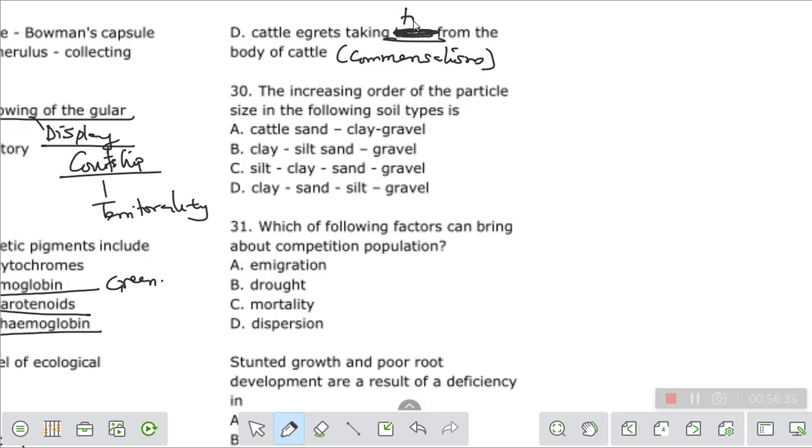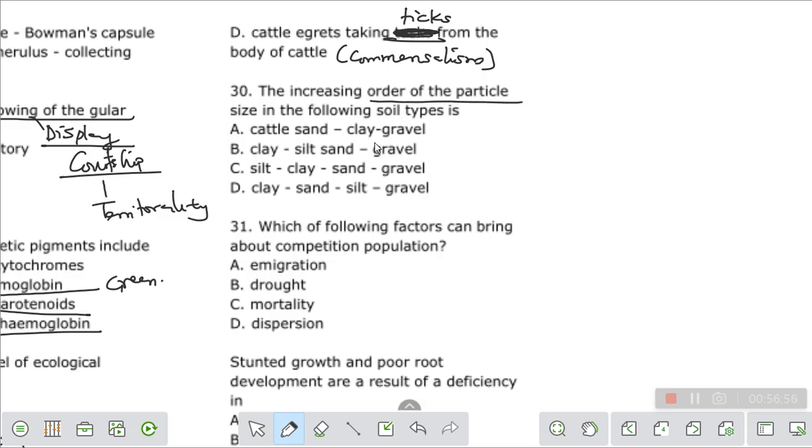But clay has the smallest soil particle, so we will start this list with clay. So option A cannot be the answer. Option C also cannot be the answer, because we must start with clay. So what do you think will not be the answer?